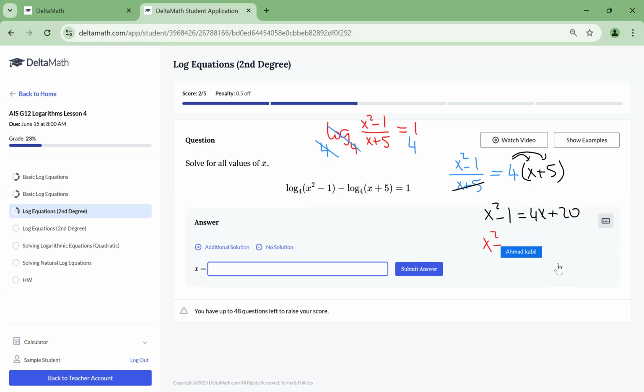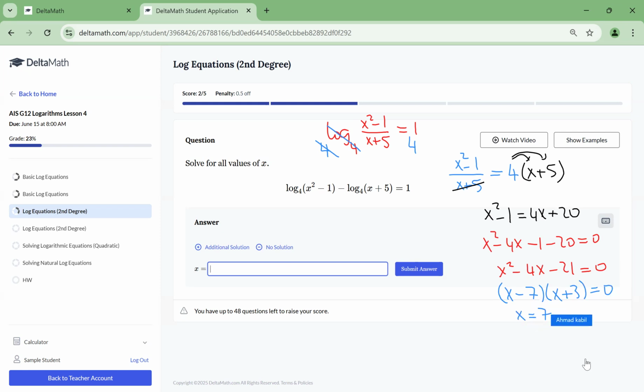So x squared minus 4x minus 1 minus 20 equals 0. x squared minus 4x minus 21 equals 0. Again, you can use mode 5.3 on your calculator or just factorize. So you get x minus 7, x plus 3 equals 0, x equals 7, x equals negative 3.